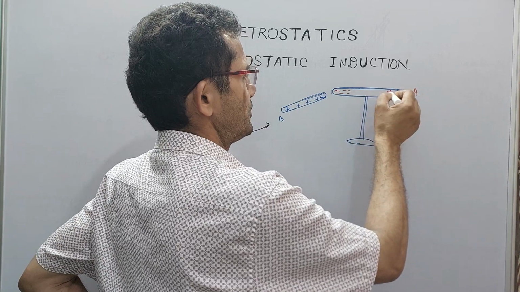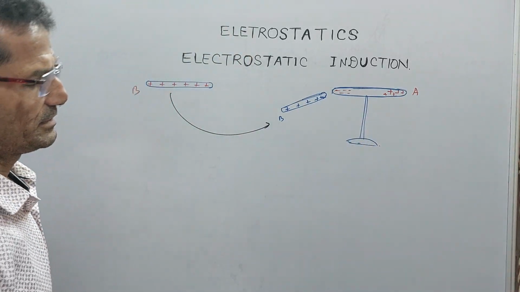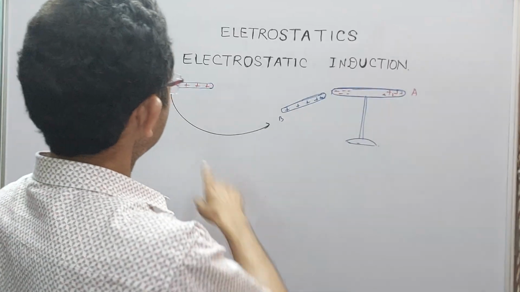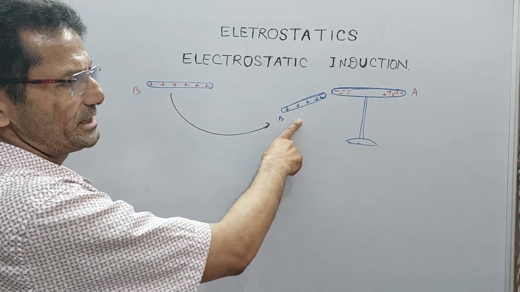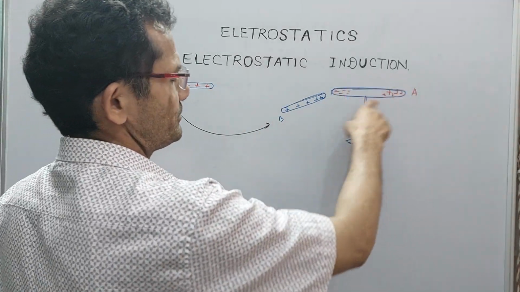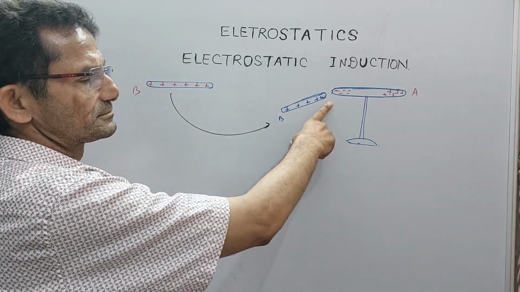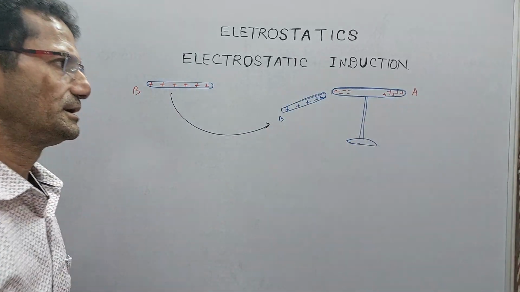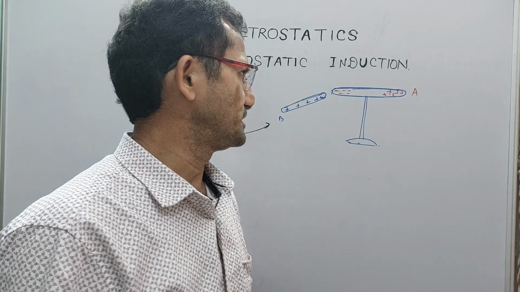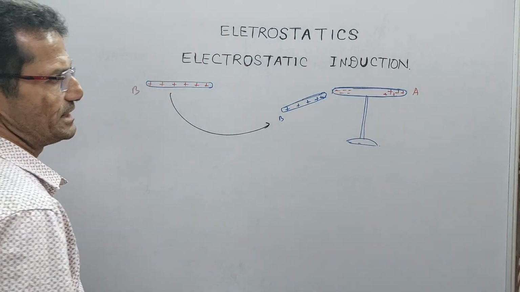So without any touching, we have just brought the charged rod near rod A, and we know that this is made of metals. Metal has free electrons, which are in random motion all the time.